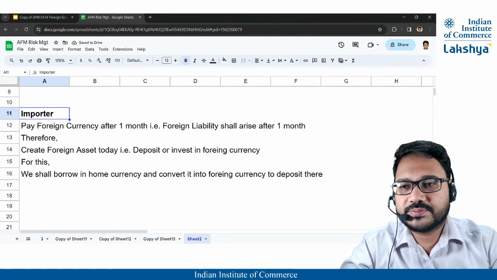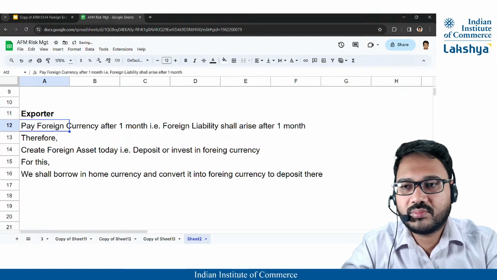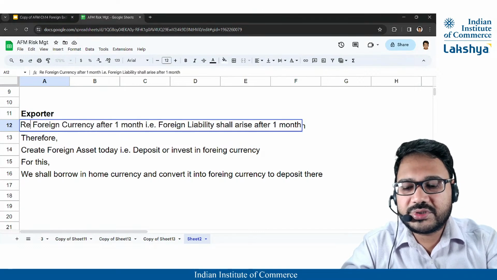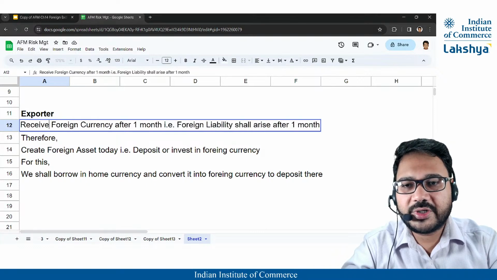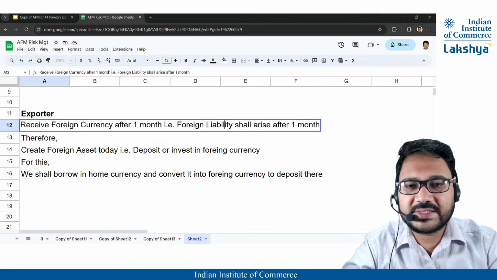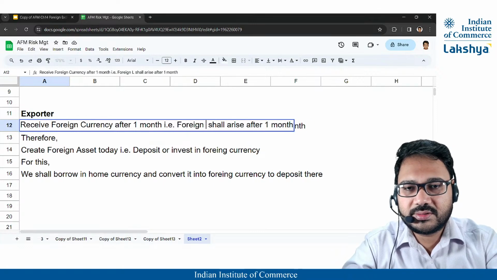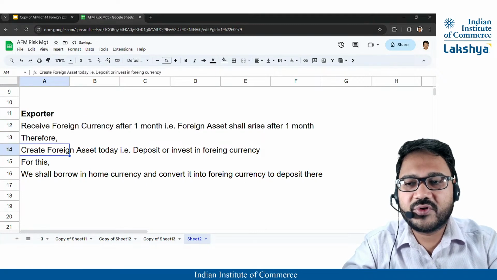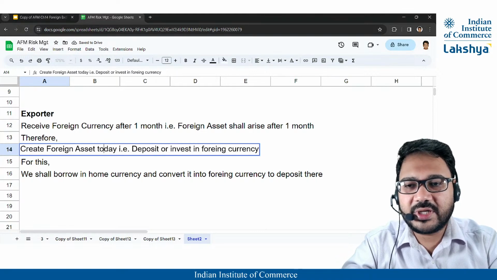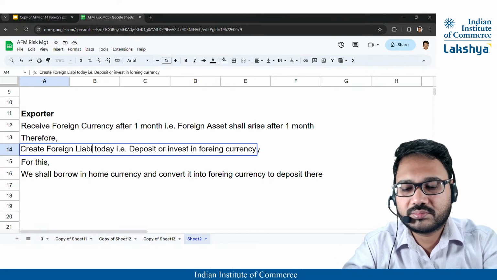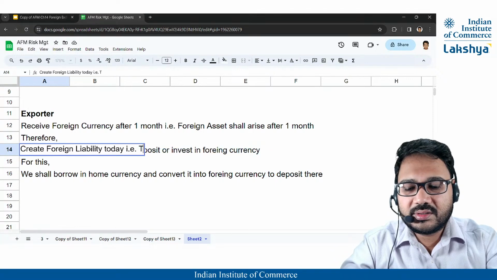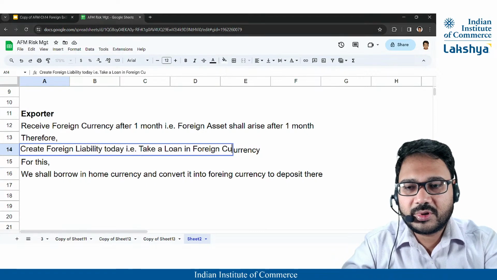Okay, as an exporter, you have to receive foreign currency after 1 month, which means a foreign asset shall arise after 1 month. Therefore, create a foreign liability today. That is, take a loan in foreign currency.